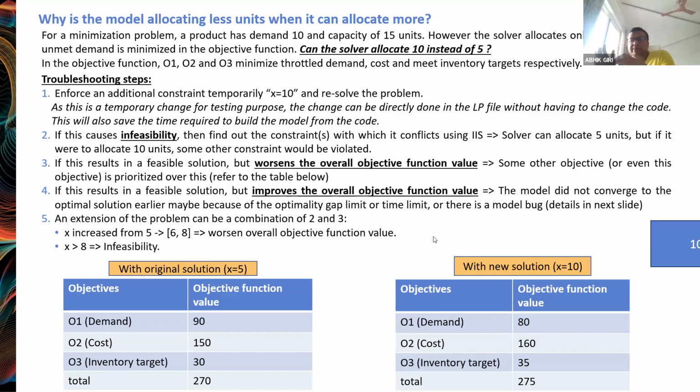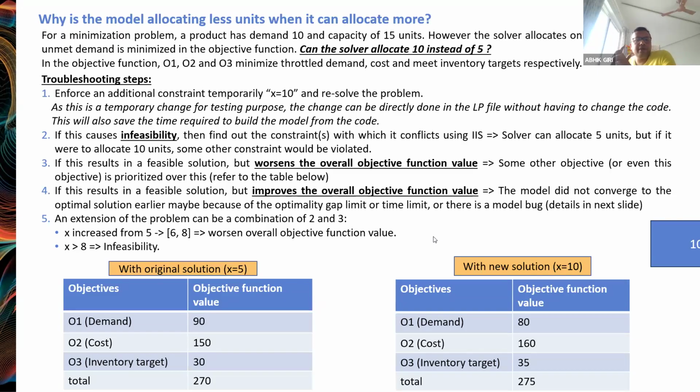If x equal to 10 conflicts with any of the constraints, the model would return an infeasible result. But if it is not infeasible, then it will go ahead and happily solve the problem. So that's the first step.